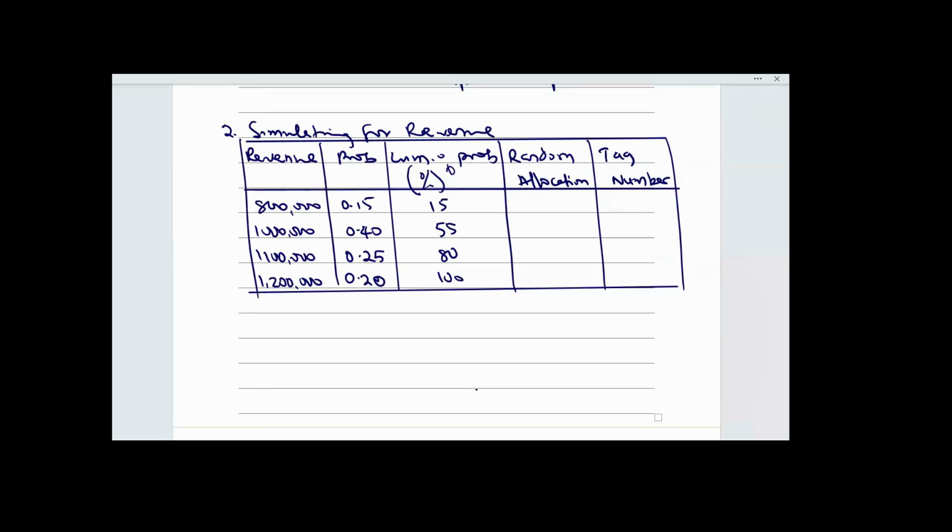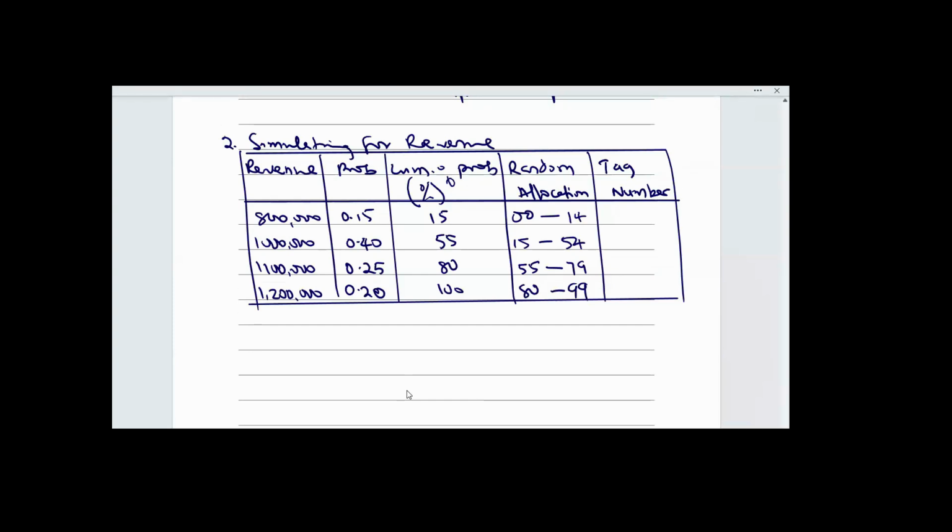You then use your cumulative of probability to form the random allocation, starting from 0, 0 to 14. After 14 is 15 to 54. After 54, 55 to 79. 80 to 99.